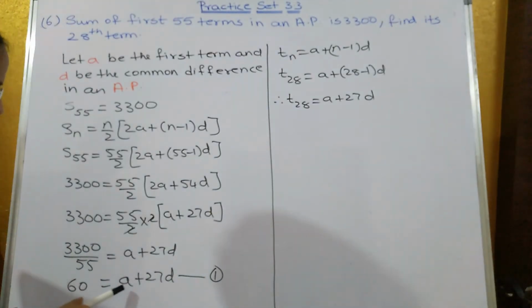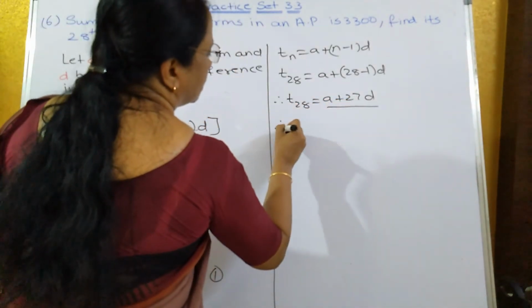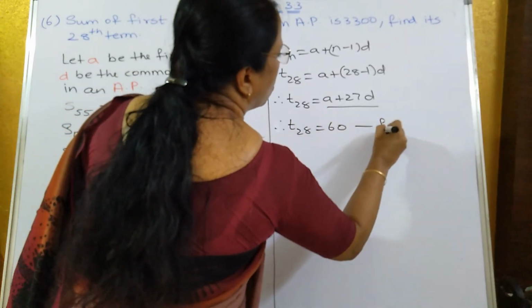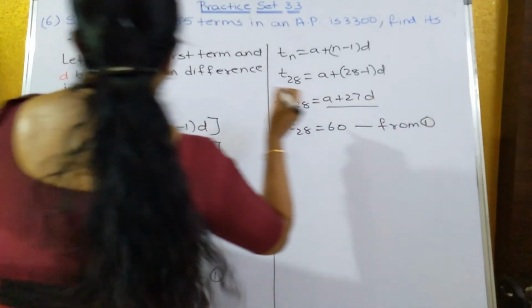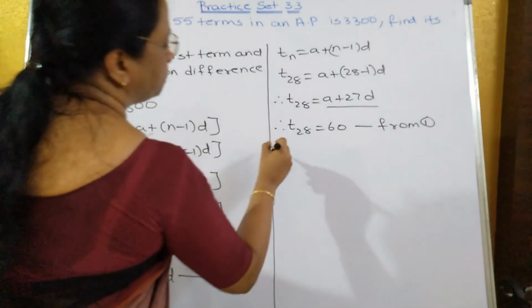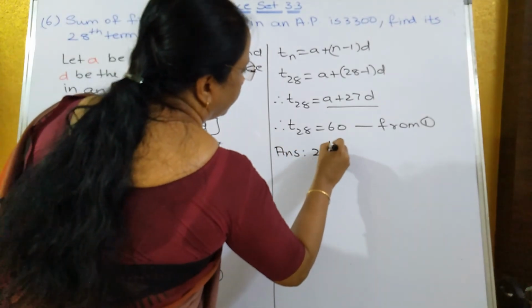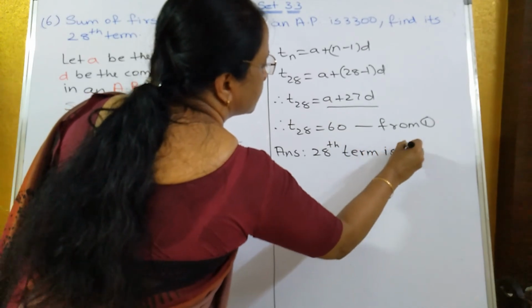But we have already got that A plus 27D is 60. Therefore T28 is also equal to 60. So the 28th term is 60.